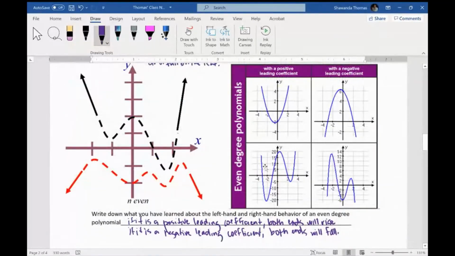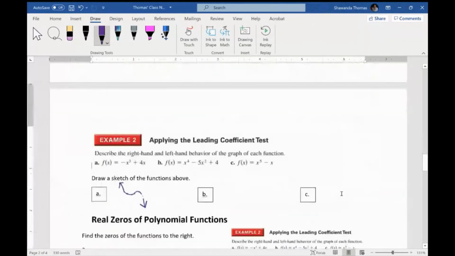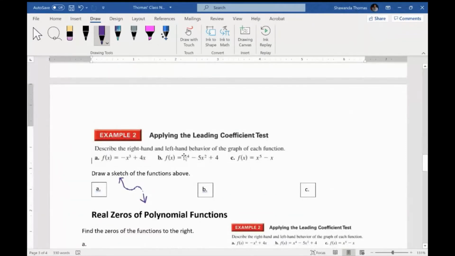Or both ends will fall if it was a negative leading coefficient. But since our leading coefficient is positive, we know that both ends will rise. So we just pay attention to the leading coefficient and the degree. Any other questions on that?